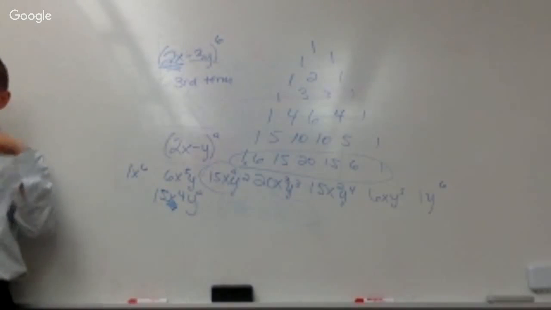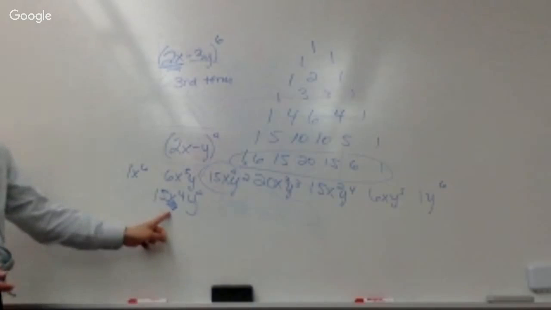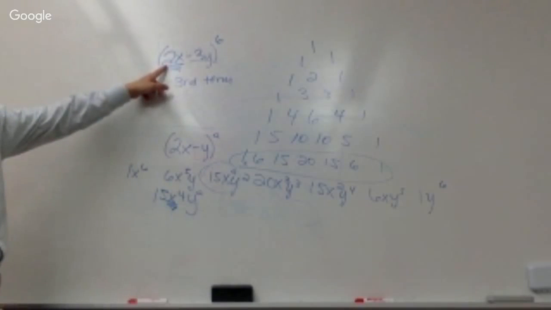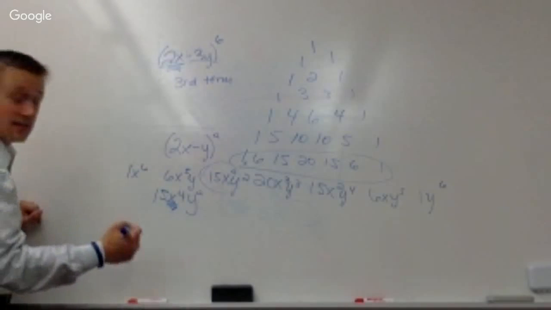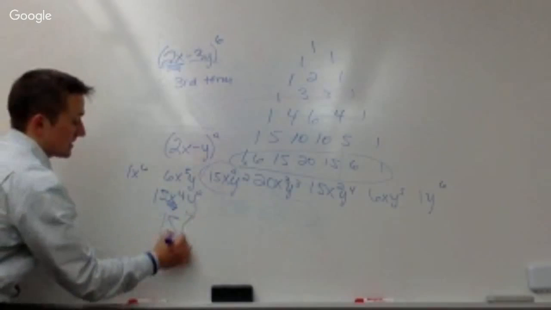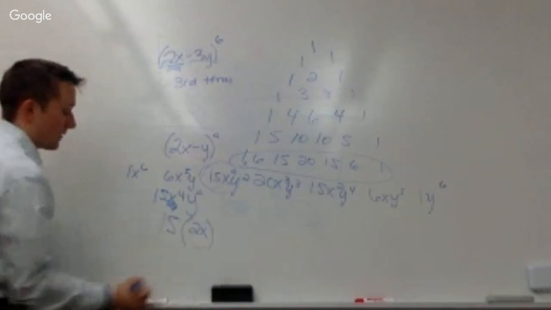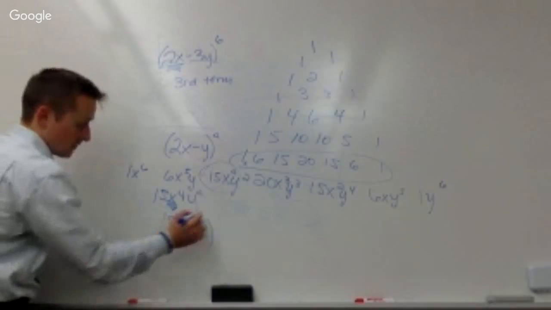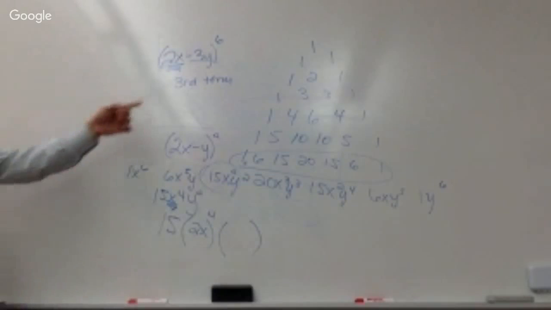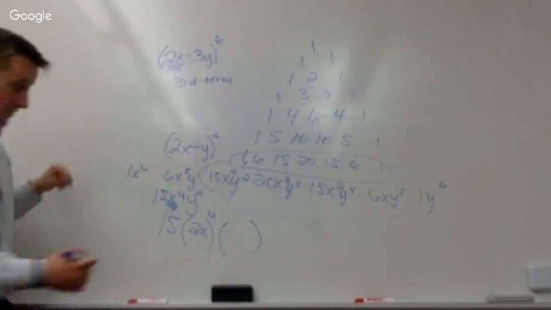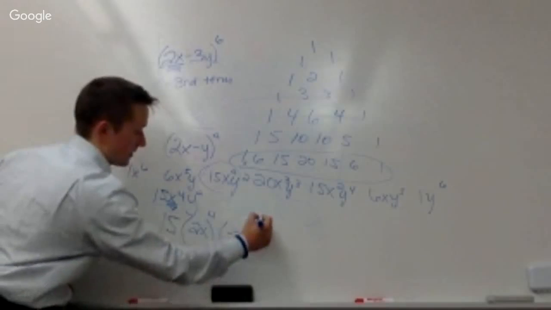Whatever I plug in for this one is the first value, which happens to be 2x up here. So it should look like this. We'll put 15 times 2x to what power? To the fourth, good. And thanks to Kalen, we know that the next one is negative 3y, and it's going to be to what power? The second.